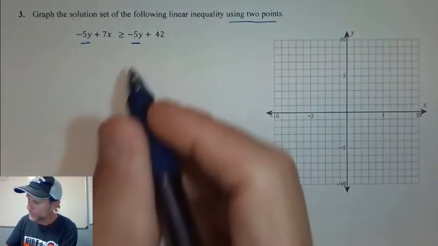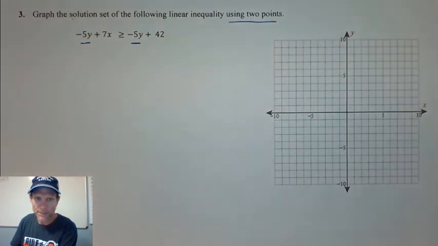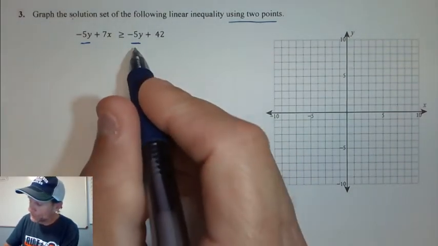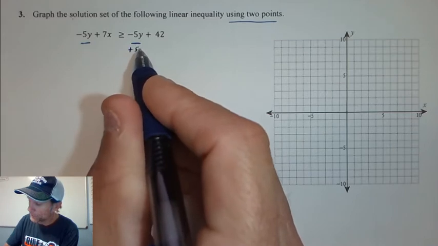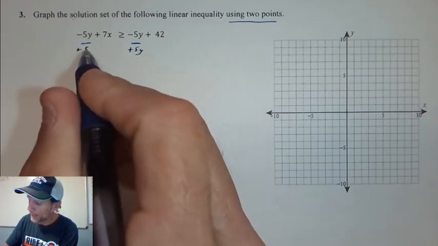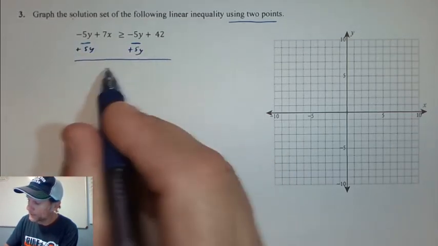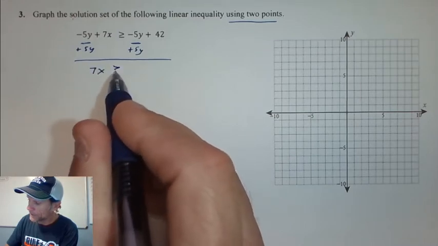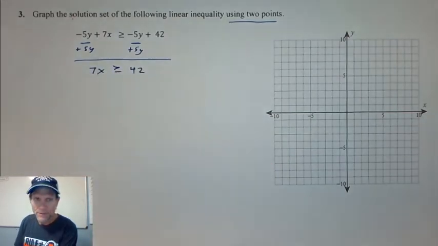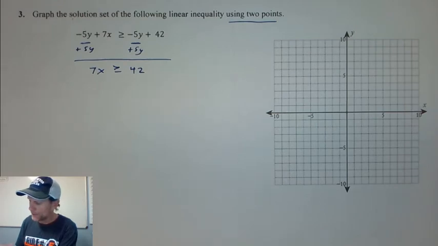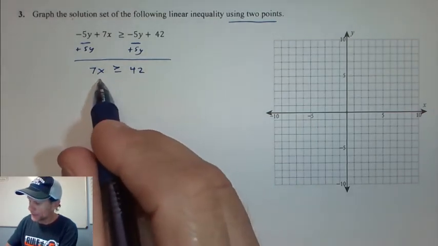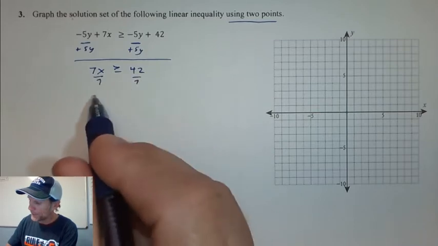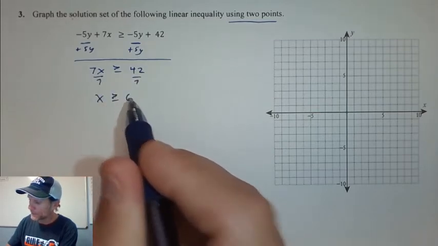But if you're saying, well, I'm going to get my y's on one side and my x's on the other side, using that old school canceling math, we'd add 5y to both sides, and we get 7x is greater than or equal to 42. Now that looks similar to something that we saw earlier this chapter where we notice there's no y value present, so I'm going to isolate x, and I come up with x is greater than or equal to 6.